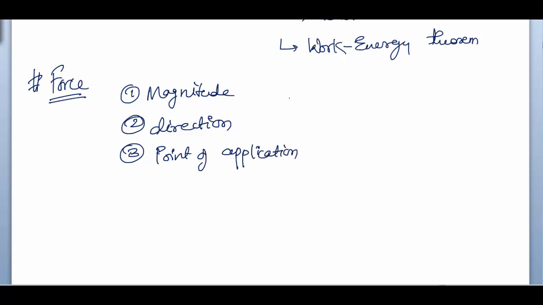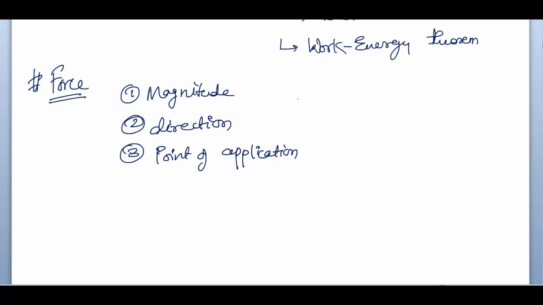Magnitude represents the intensity of the force, that is, how powerful is the force. Direction represents in which direction it is acting, upward, downward, likewise. And point of application shows the point where it acts.